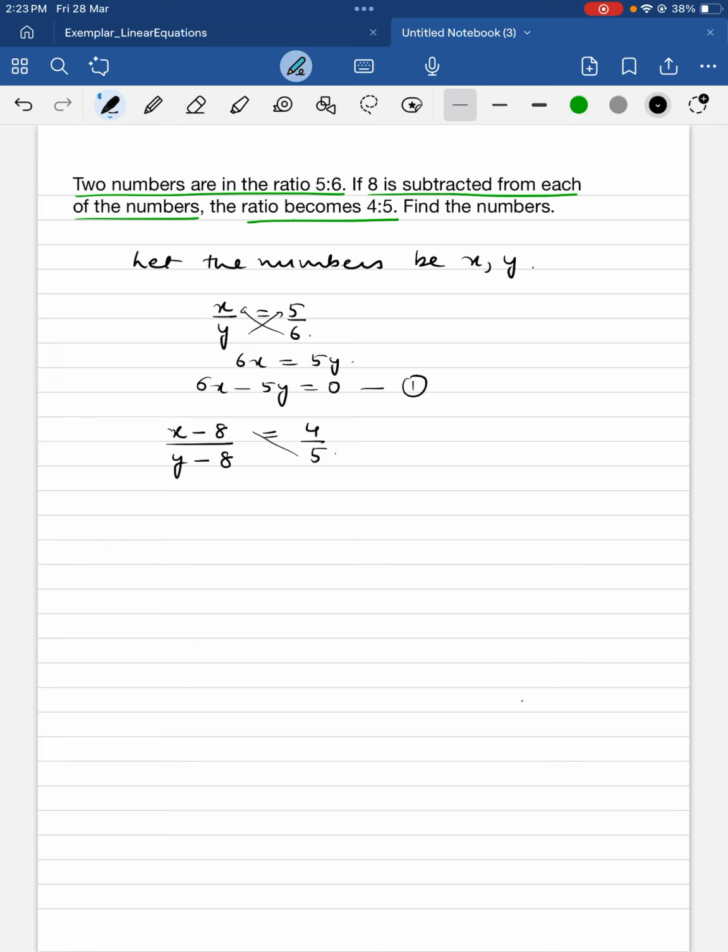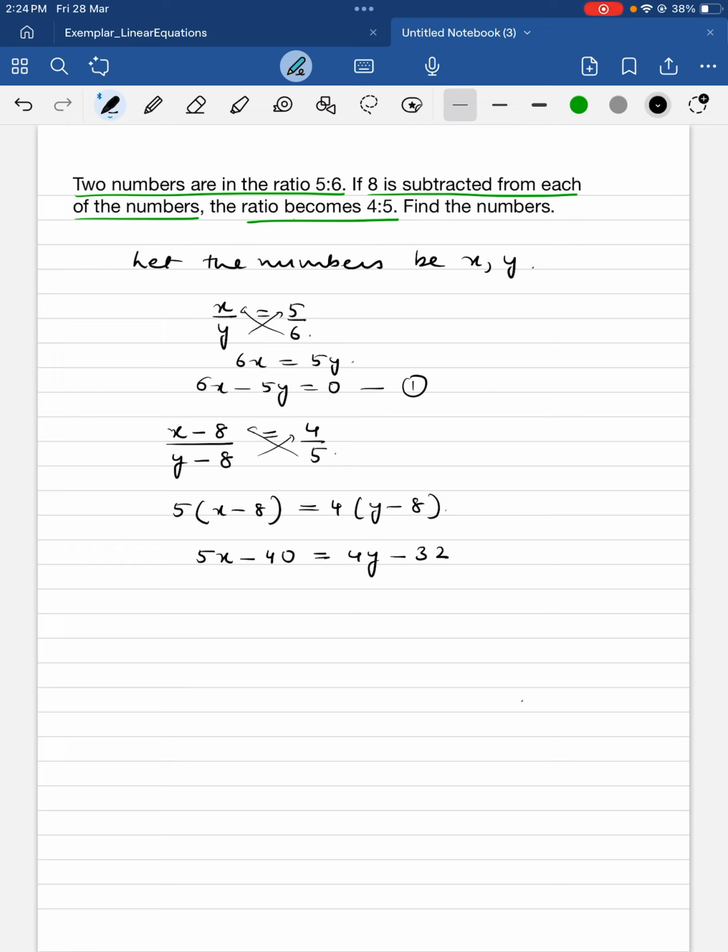Okay, let me cross multiply again, and I would get 5 times x minus 8 equal to 4 times y minus 8. Opening up the brackets, it would give me 5x minus 40 is equal to 4y minus 32.